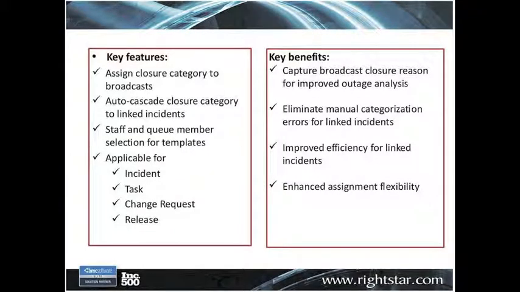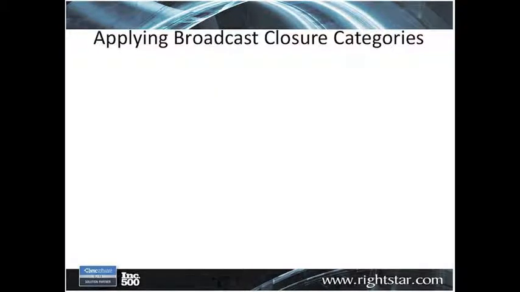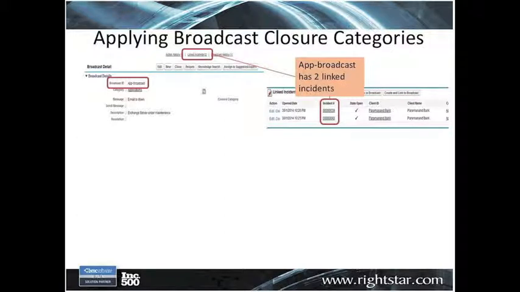Also, some updates to the broadcast. The features here are related to category broadcasts, basically applying closure codes to your broadcast. Today, closure codes really did not exist for broadcast, but now you can select the appropriate closure code, and that will apply to all the linked records that are associated with it.